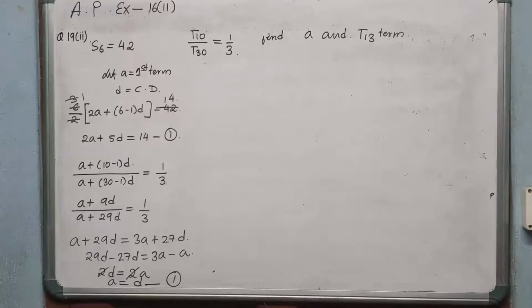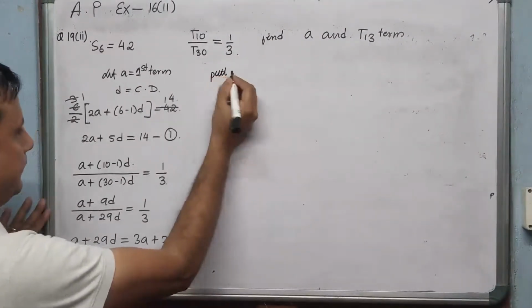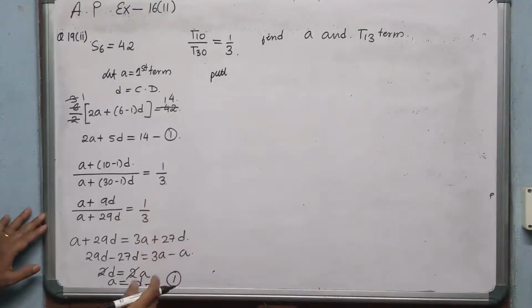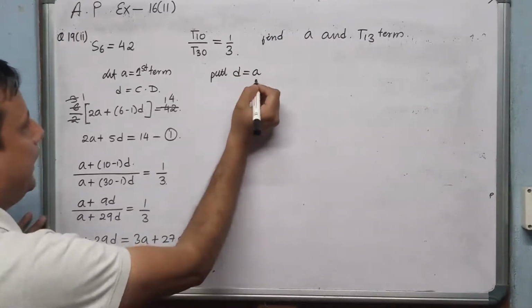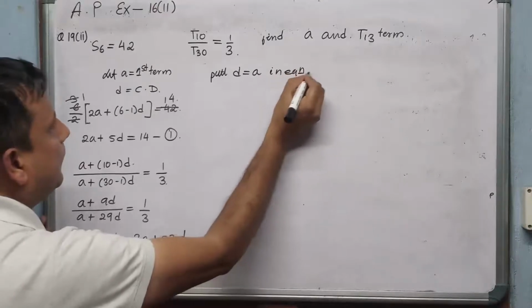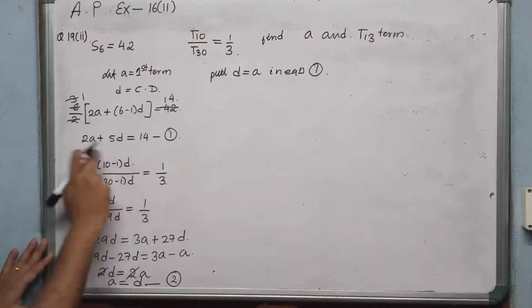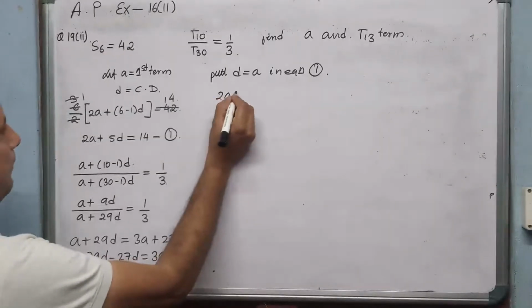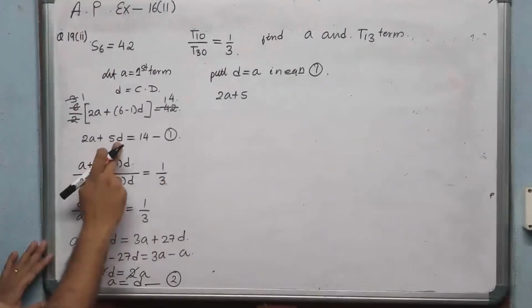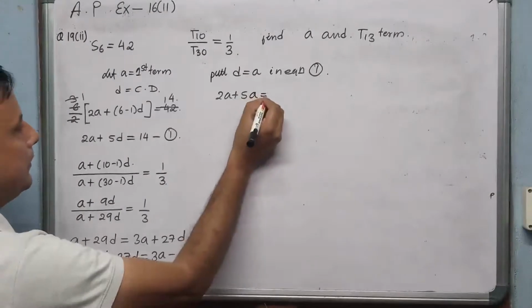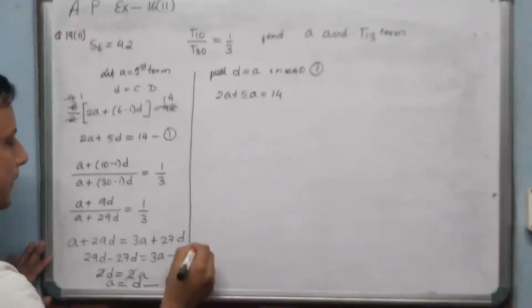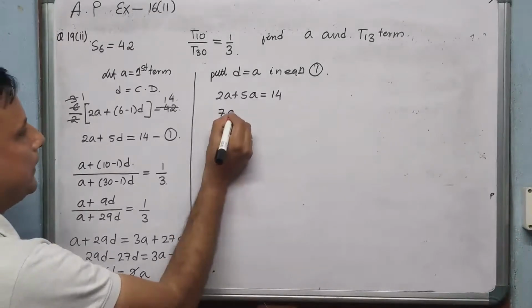Now after getting a relationship between A and D, next you have to calculate the value of A. Putting D equals A in equation number 1, I'll substitute over here: 2A plus 5D, D equals A, so in place of D we can write A, it is 5A, equals 14. 5A plus 2A is 7A equals 14.